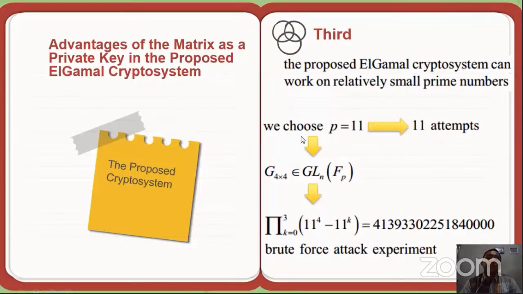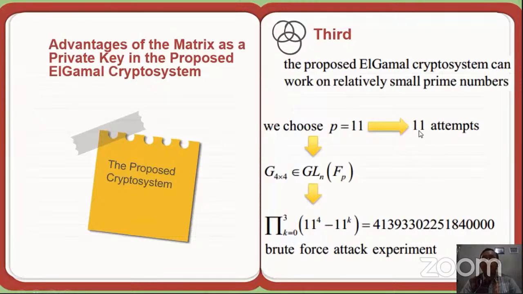We can choose P is 11 and we assume the matrix G with size 4 times 4, an element of the general linear group. We get many digits in the brute force attack experiment.